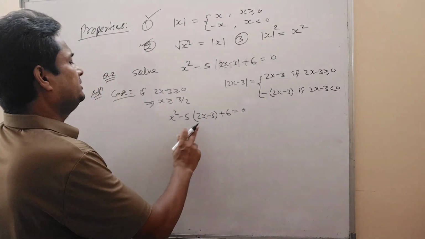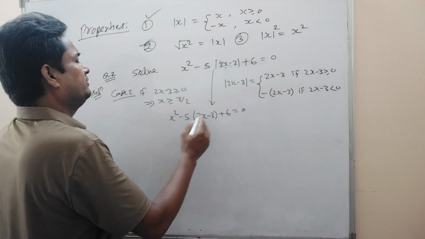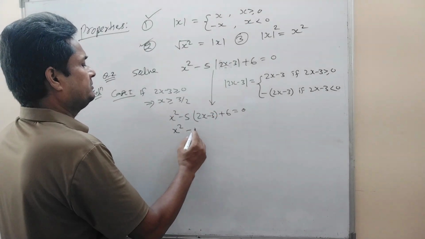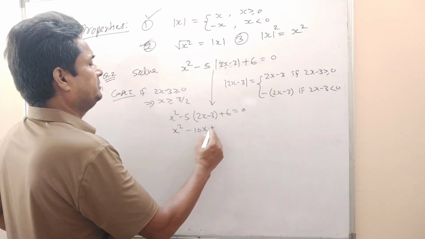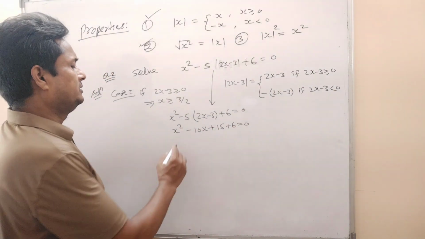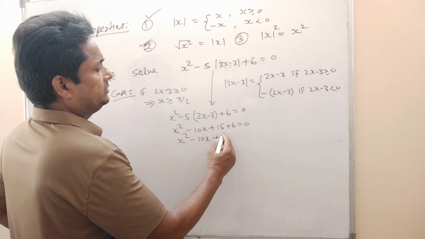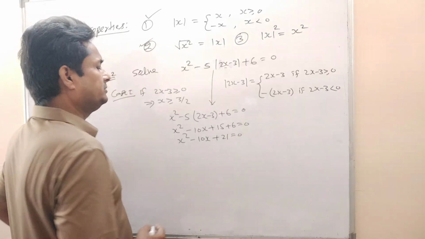Now simplify this. This is x square minus 10x plus 15 plus 6 equal to 0, so x square minus 10x plus 21 is equal to 0.